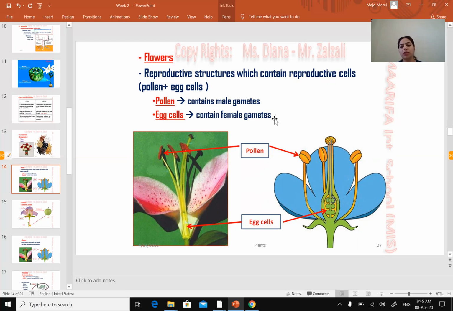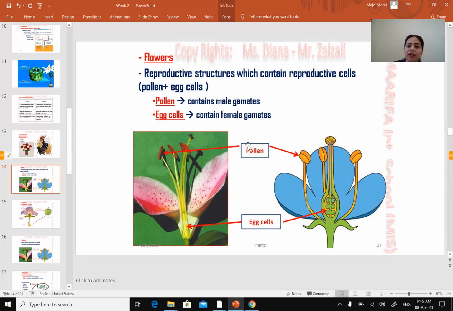This diagram here, for example, shows two different flowers. Later on, as I told you, you will learn the structure of the flower. This thin, long part is called the stamen, okay? This is the male reproductive part. Here we have the anther and the filament, but I don't want to go through the structure today.